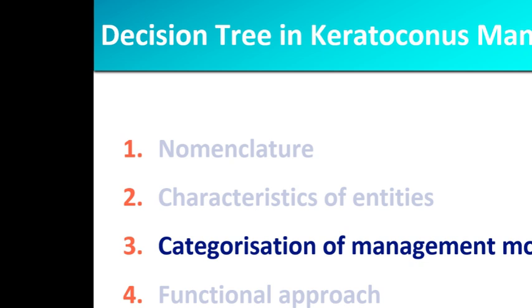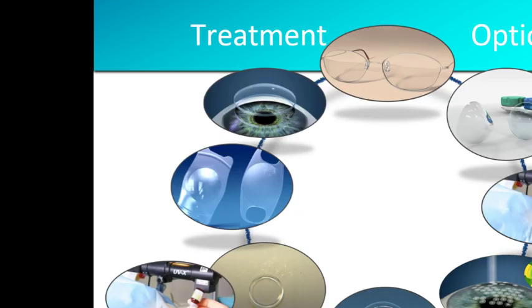Number 3, categorization of management modalities. Okay, now as you see, the queen of treatments is the glasses. This is the queen. Okay? We are surgeons, and we don't think about this, and we don't think about the prime minister, which is the contact lenses.